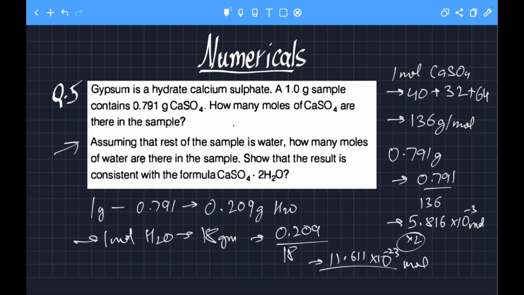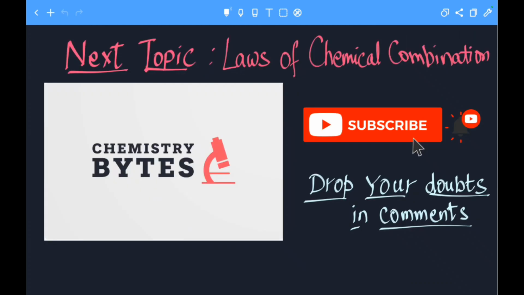So if you calculate it from the mass, you get 11.6, which is just double of 5.816. So it means the sample is correct and it is consistent with the formula CaSO4.2H2O.